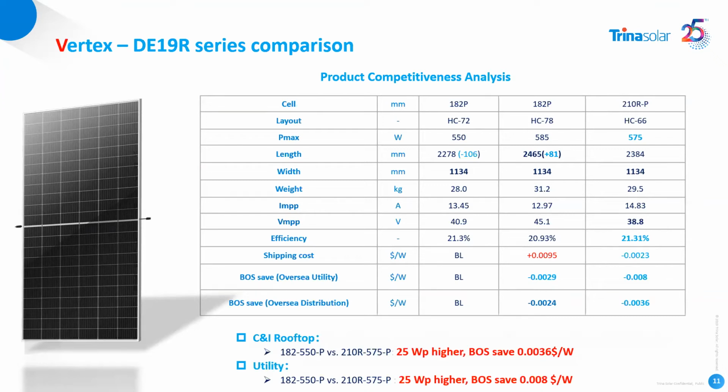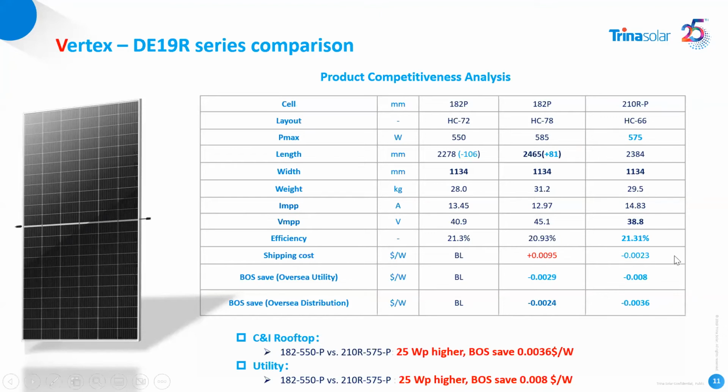If you compare it with the other 585 watt module, we are less than 81 mm in size in terms of the length, and then the width is all the same.